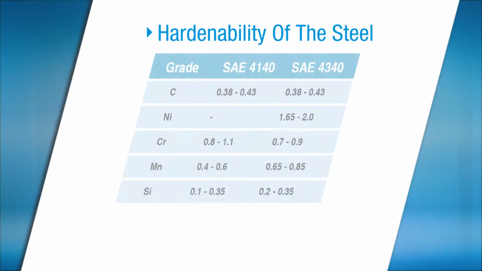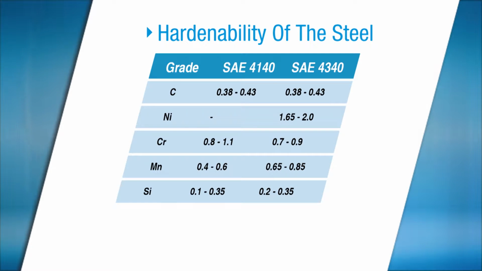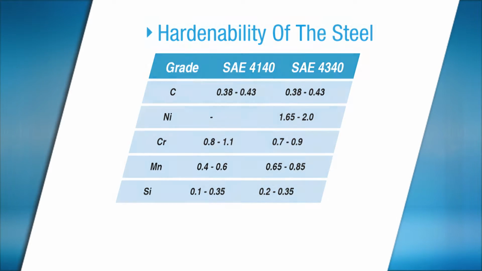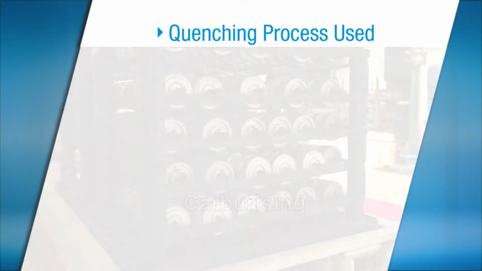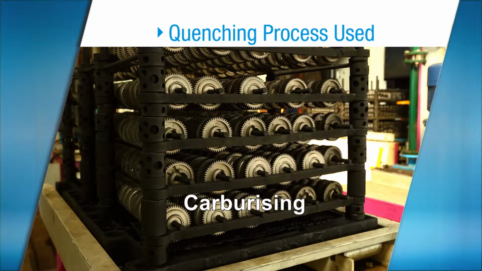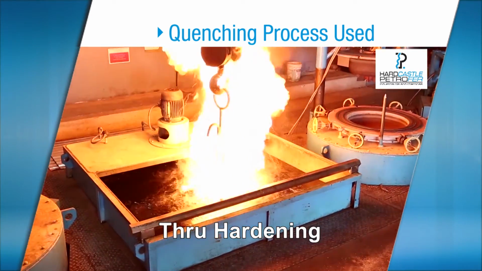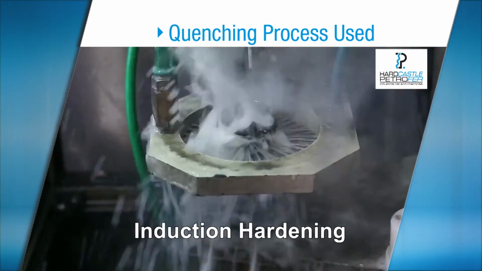Hardenability of the steel, which mainly depends on the chemistry or grade of steel and percentage of alloying elements. Quenching process. The quenching process used, whether carburizing, through hardening, or induction hardening.